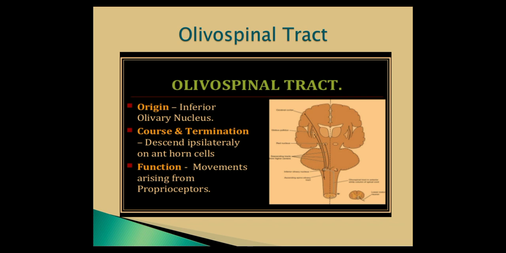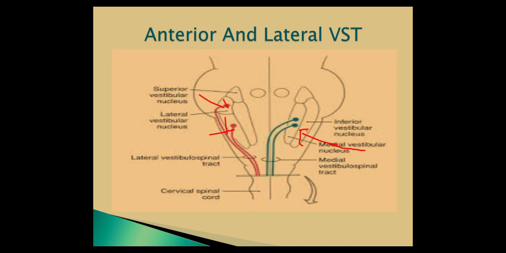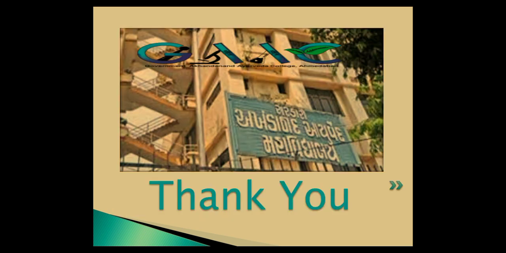Then eventually they terminate in the anterior horn gray matter nuclei. What is the function of this rubrospinal tract? This tract exhibits a facilitatory influence upon the flexor muscle tone. So that is about the rubrospinal tract. Thank you.